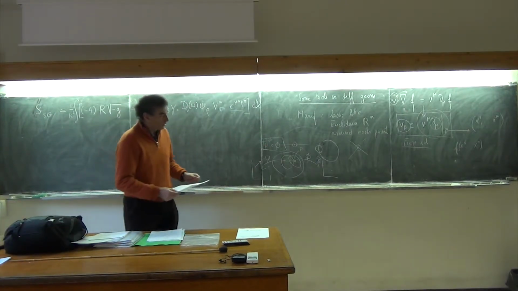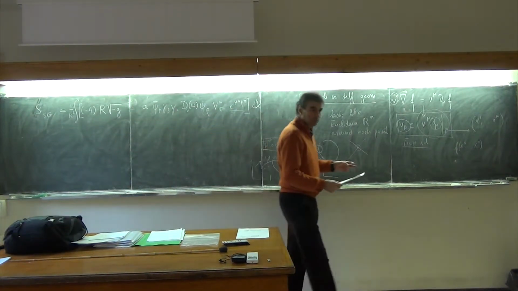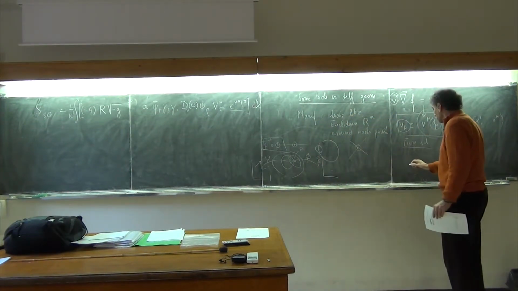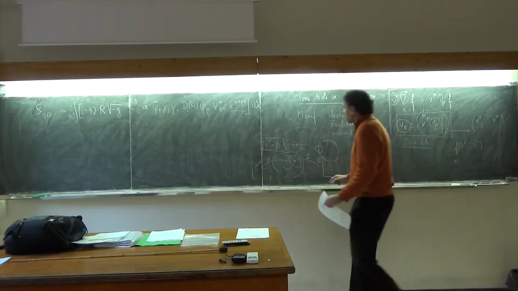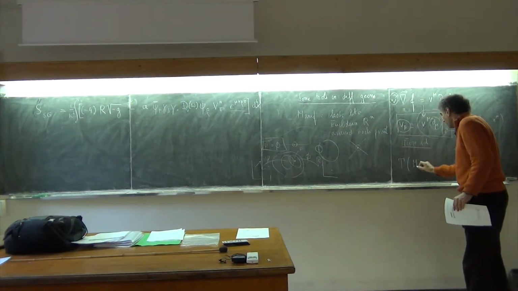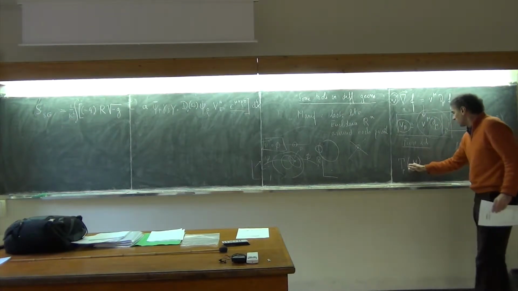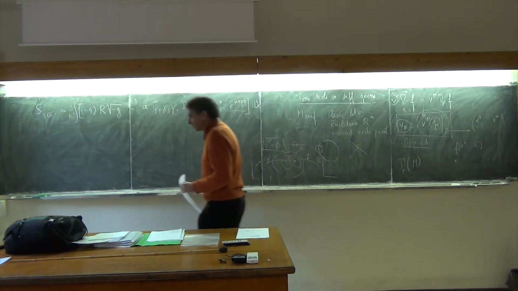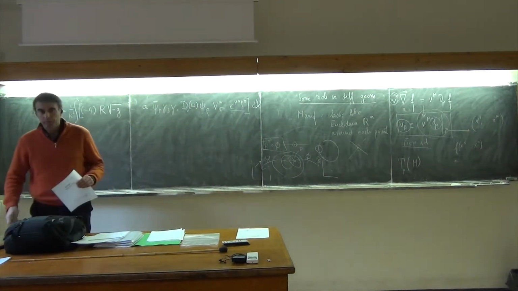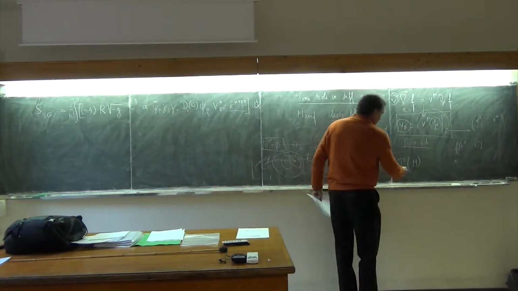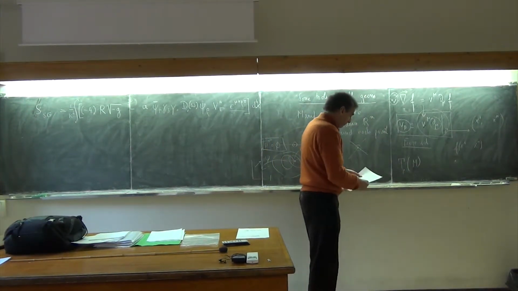The set of all tangent vectors is called the tangent space at P, and it has a symbol. It is T_P M. This is the symbol that labels the tangent space, the vector space, of all the tangent vectors at the point P of the manifold.